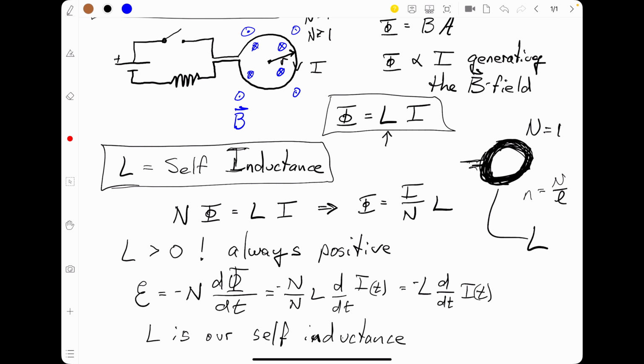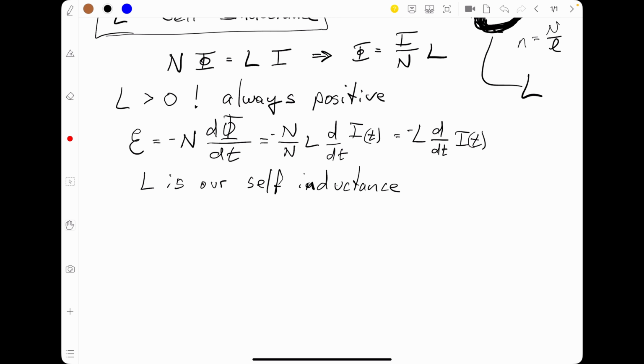And it will induce or be induced. So let's try and calculate L. Let's do some work with L, and we want to calculate L. So what do we do? We can use this equation that it equals our EMF and just solve for it.